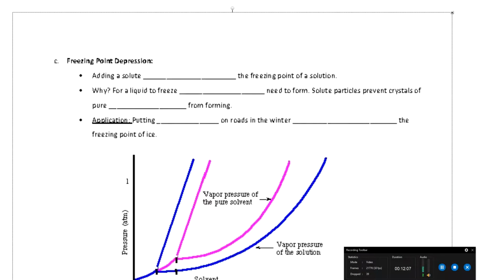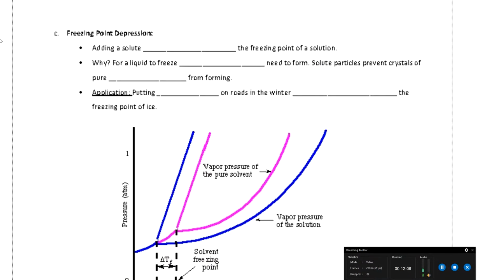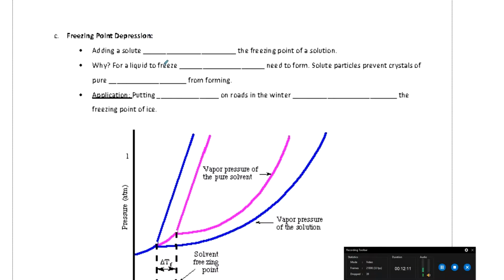Okay, let's look at the last one, and this one is freezing point depression. Freezing point depression just means that when you add a solute, you decrease the freezing point of a solution. Okay, so why is this? Well, for a liquid to freeze, crystals need to form.